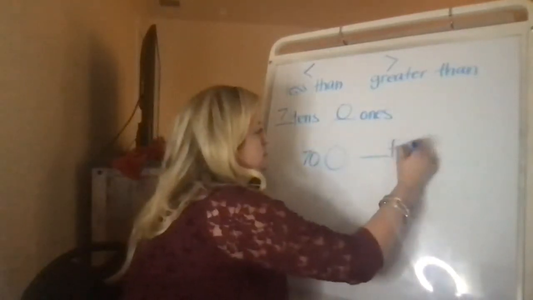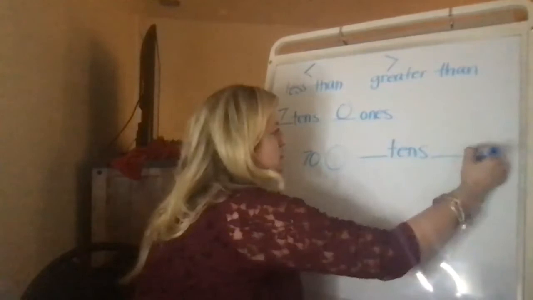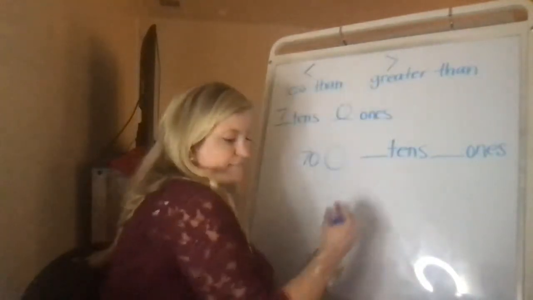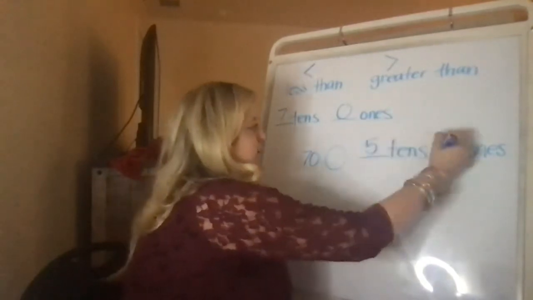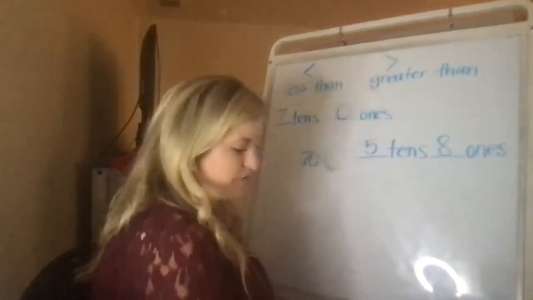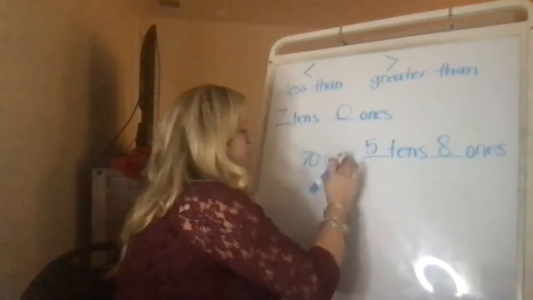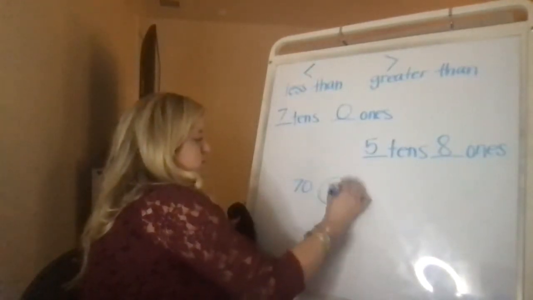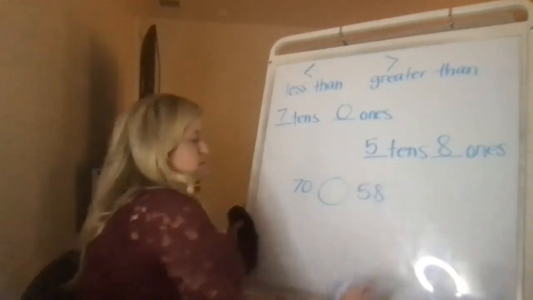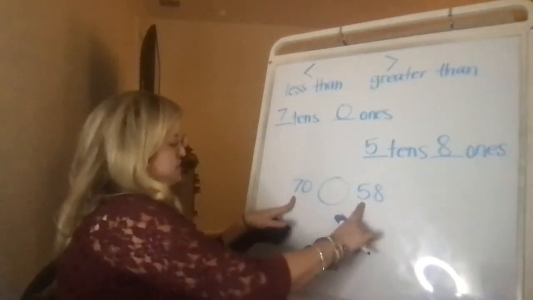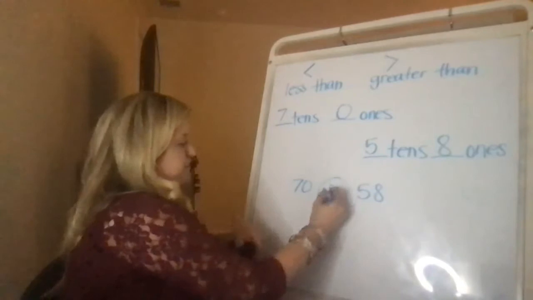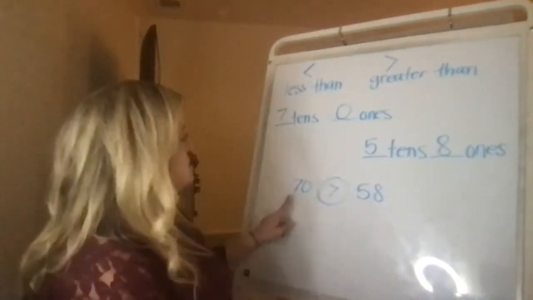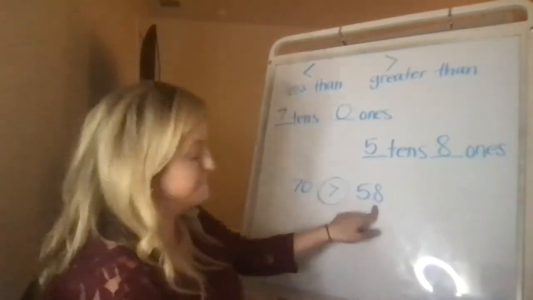And you have 5 tens and 8 ones on this side. That would mean you have, oops, I wrote it in the spot where it's not supposed to go. So it says 70, circle, 58. Well, look at the tens first. 7 is greater. So you would put in a greater than sign, and it would be 70 is greater than 58.